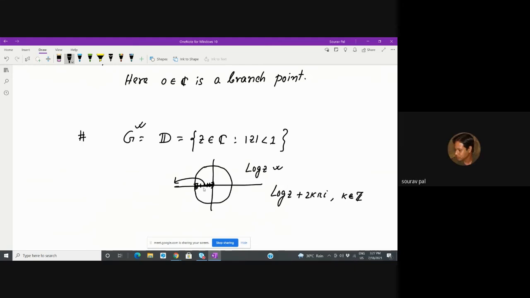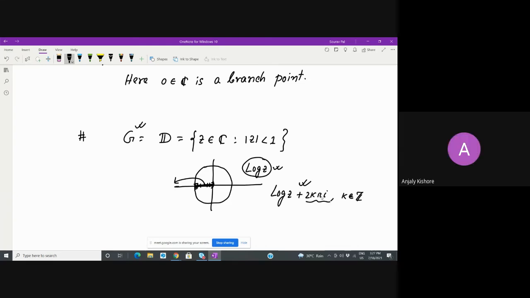No, the branch cut is the same here. If you choose log z, the principal logarithm, the branch cut is this line. If you choose log z plus 2k pi i, then also the branch cut is the same line, because log z is continuous everywhere other than this portion, including 0. This is also continuous everywhere other than this portion because you are adding just a constant.